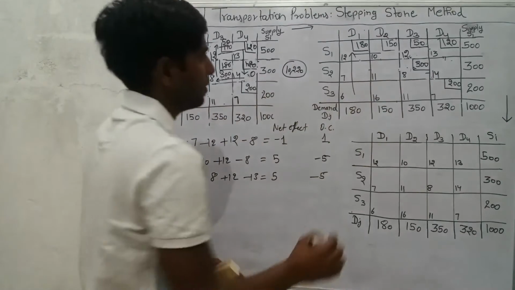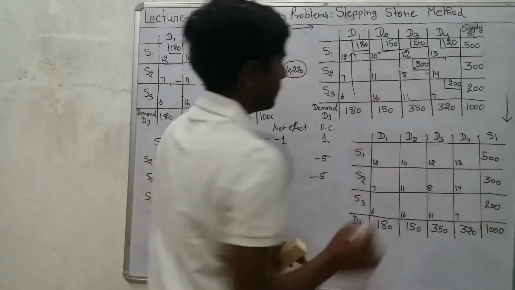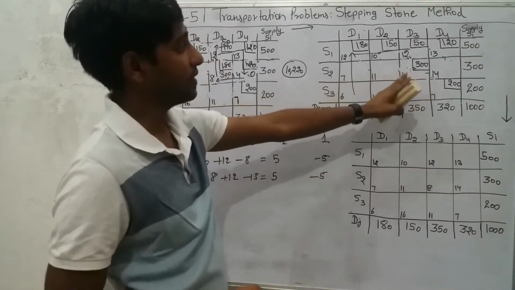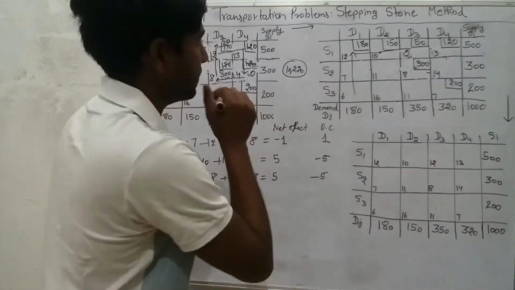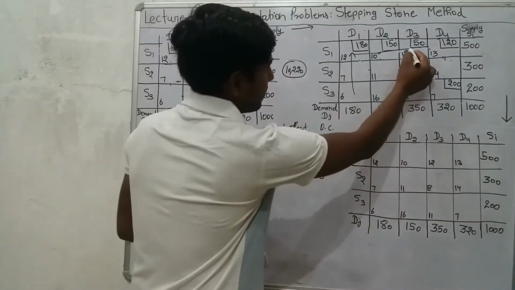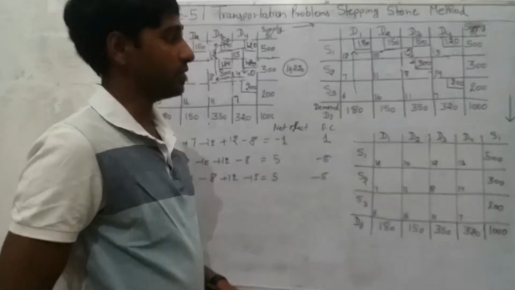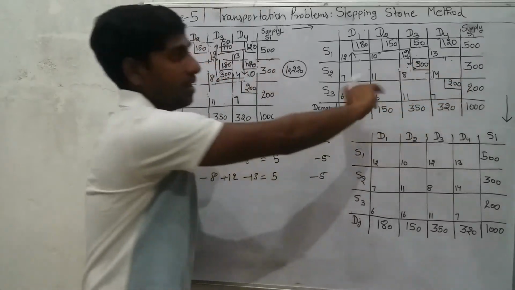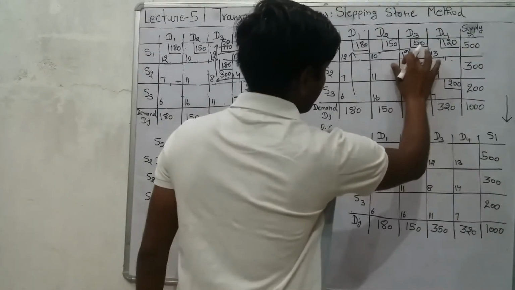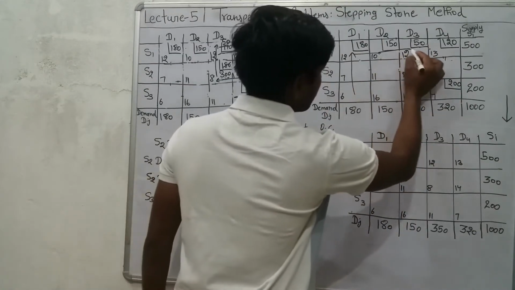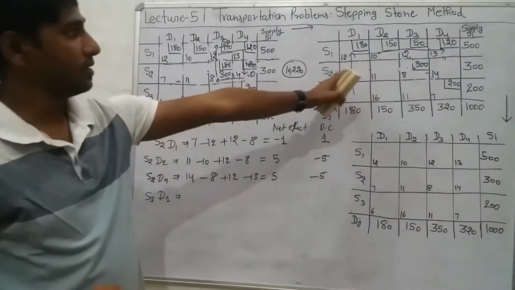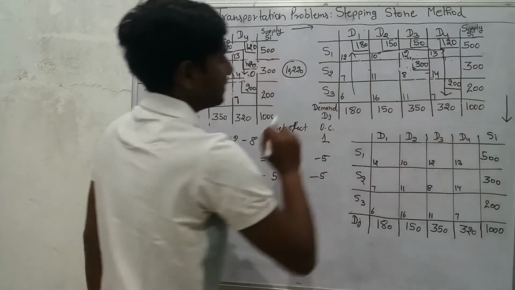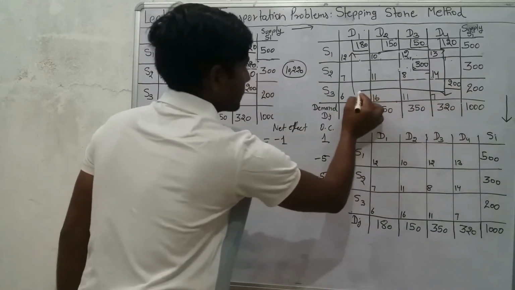No, because there is no occupied cell. Can we stop here? Yes, we can jump to this cell, but after that there is no way to go anywhere. After coming to this cell, we have to move horizontally, either in this direction or in this direction, but there is no occupied cell in either direction, so we cannot stop even in this cell. So where do we have to go? Directly to the last cell of this row, that is S1 D4, and from there directly come down to S3 D4, and from there come back to the empty cell.